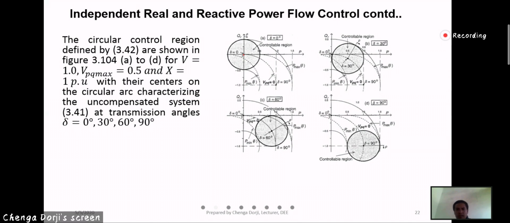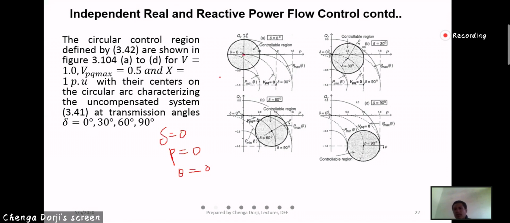When del is equal to 0, p is equal to 0 and q is also 0. So the radius is here.